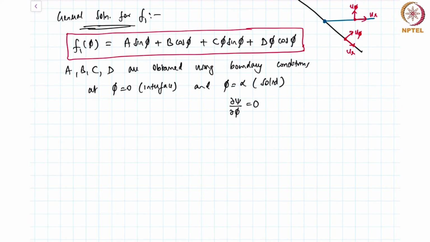That is, the tangential velocity will be non-zero at the wall, and 1 by r del psi by del phi will simply be u, let's call it u_c, which is the motion of the plate.